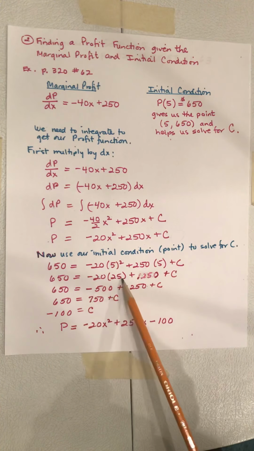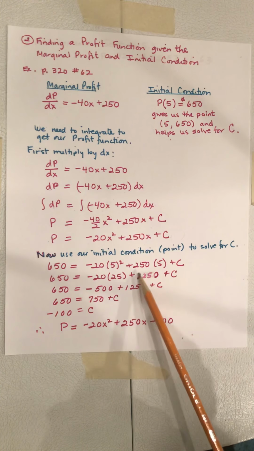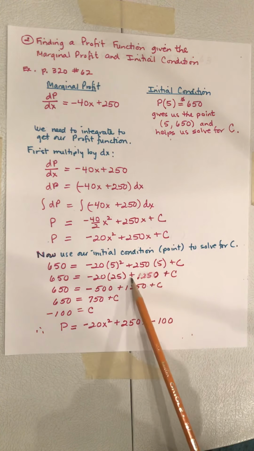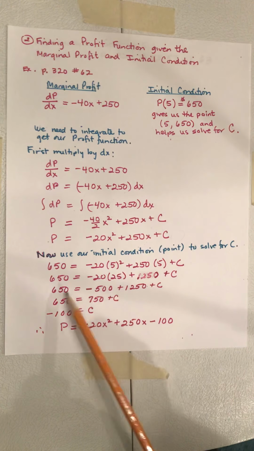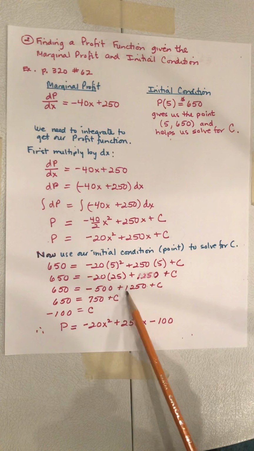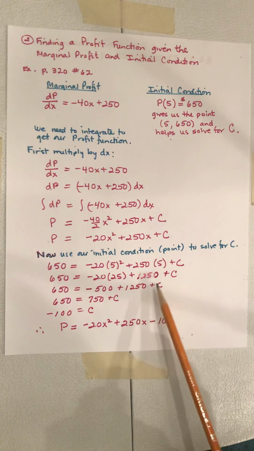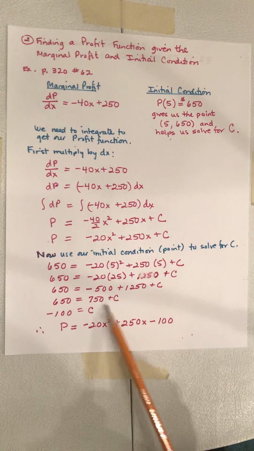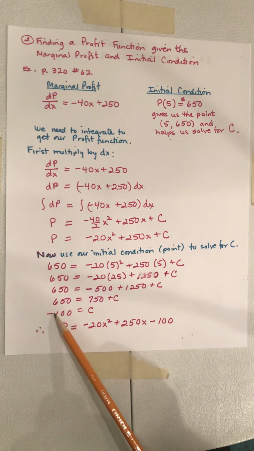We work this out. We get 650 equals negative 20 times 25 plus 5 times 250, which is 1,250, plus C, which gives us 650 is equal to negative 500 plus 1,250 plus C. And then we end up with, I'm sure you can follow this, C is negative 100.